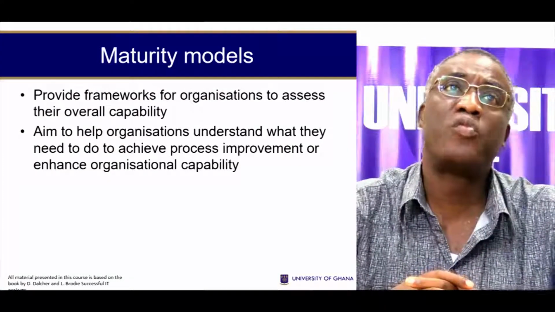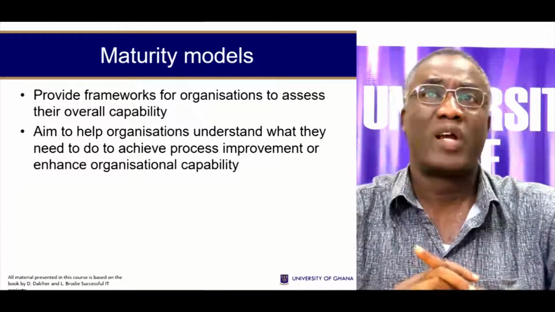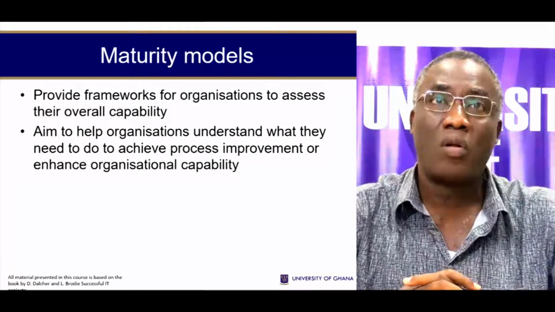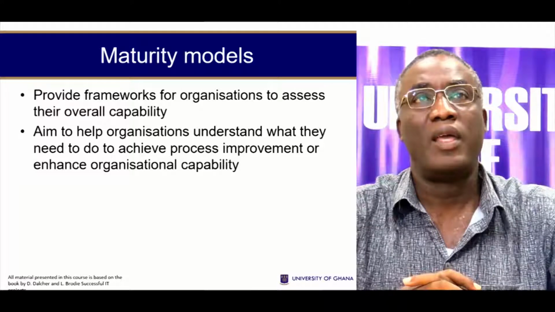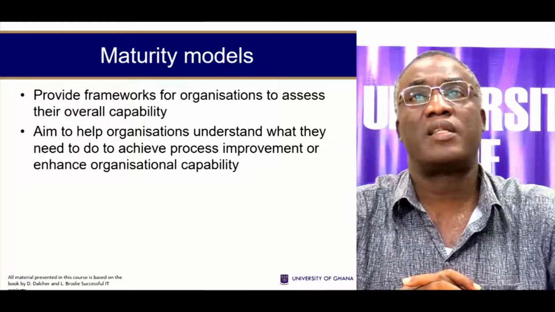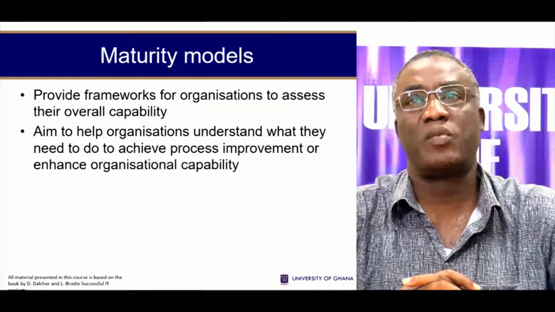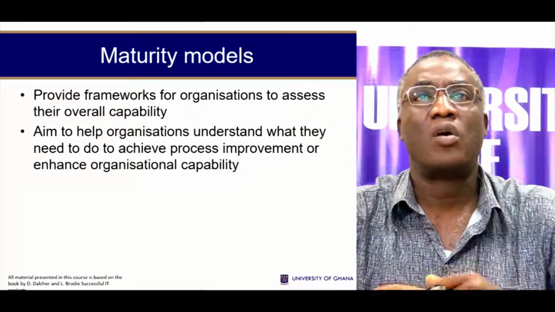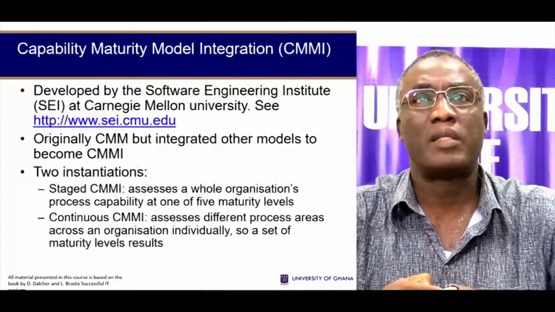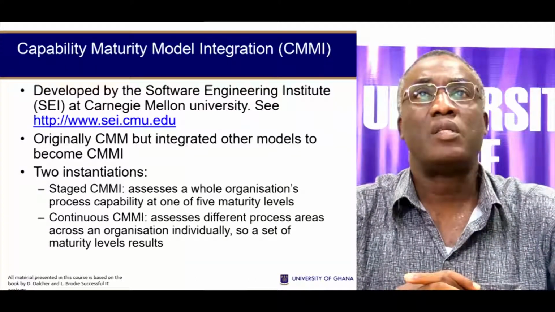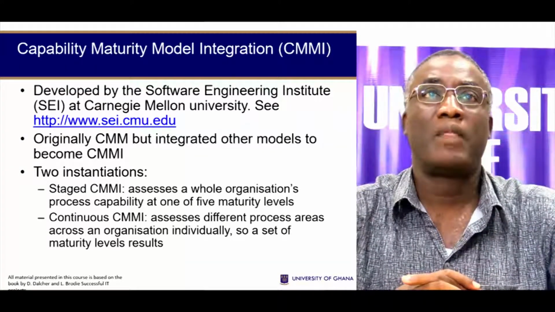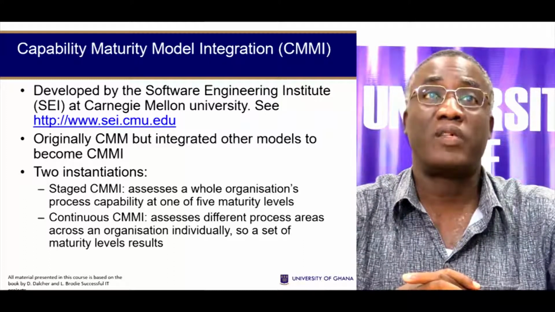Maturity models provide frameworks for organizations to assess their overall capability. The aim is to help organizations understand what they need to do to achieve process improvement or enhance organizational capability. The Capability Maturity Model Integration was developed at Carnegie Mellon University.